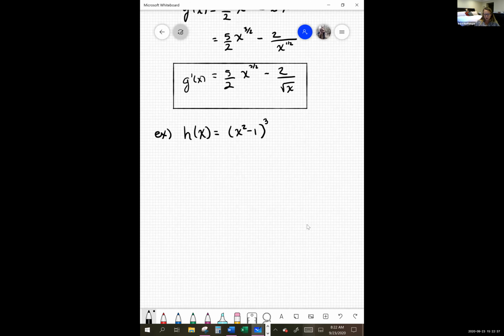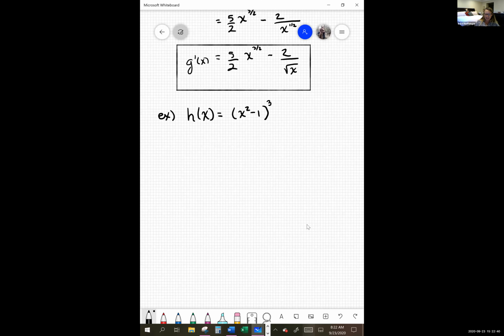So we'll learn a rule where we can just go ahead and take the derivative of this, but right now we don't know that rule. And so we don't know how to do this because of this parentheses out here and that quantity cubed. So we want to rewrite this. So this is the same thing, and I can't just cube each term because there's more than one term in there. So I have to rewrite this as x squared minus 1, all times x squared minus 1, all times x squared minus 1.